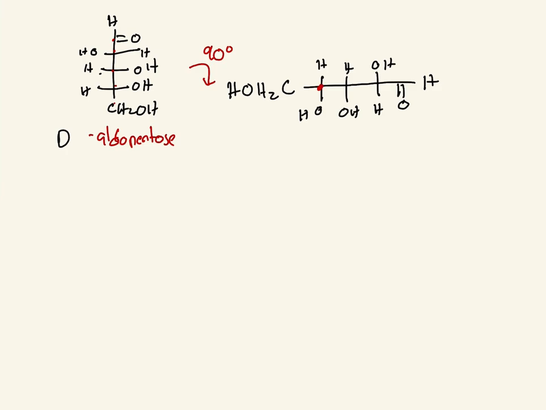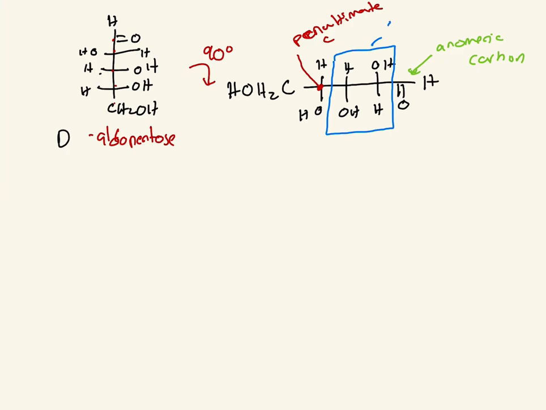So this is the penultimate carbon, because this is what told us if it was D or L. This is the anomeric carbon. And so the only two spots that are going to keep their orientation on the ring are these two carbon groups, right? So these are going to be the same on the ring structure.